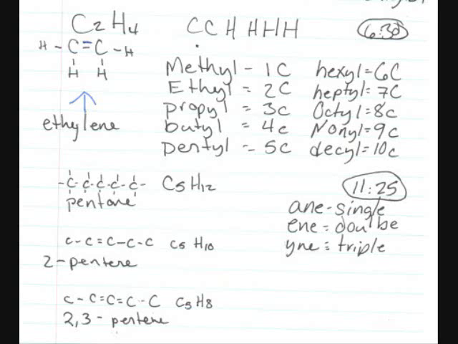So if I were going to name this molecule, I've got 2 carbons, so it's an ethyl something. It's got a double bond in it, so we have endings that tell us what the bonds are. ANE is a single bond. ENE is a double, and YNE is a triple.